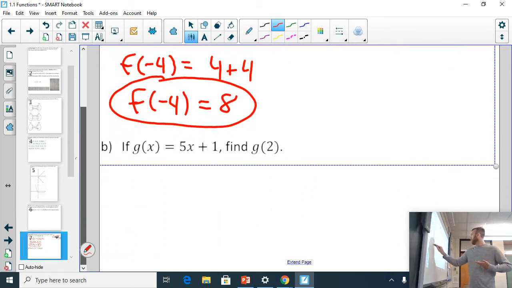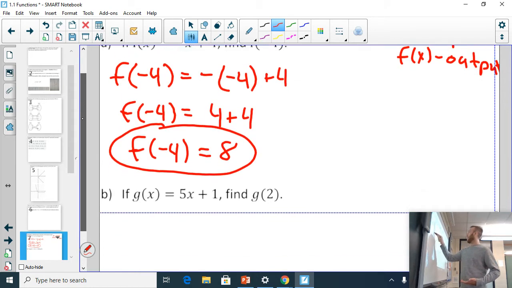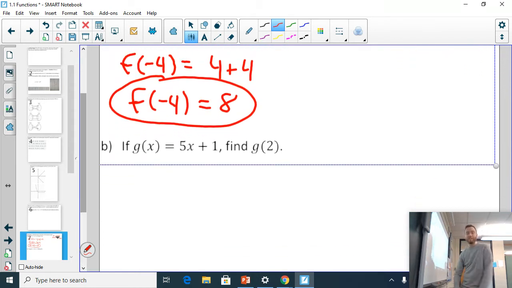Now doing the same thing down here, this time instead of f of x, we have g of x, just because we've already used f of x, and we should get used to using things other than f, even though f of x is common. G of x is also really common, so is something like h of x, and you could really use any letter you want to represent the function. But anyway, if g of x equals 5x plus 1, find g of 2.